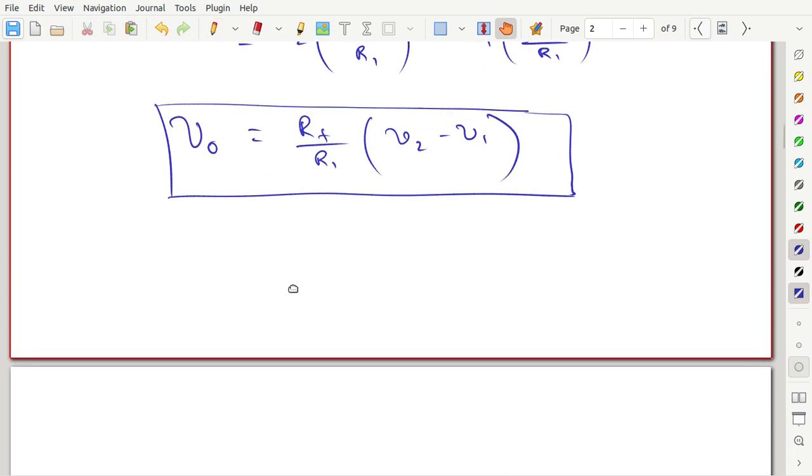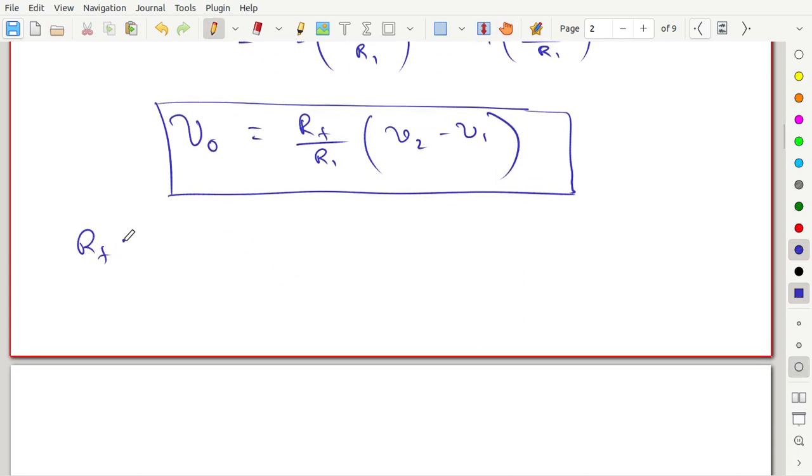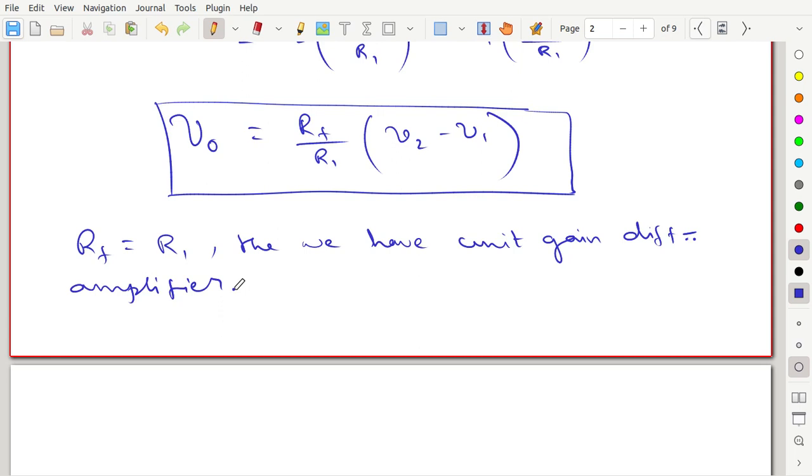Again we can choose RF equal to R1, then we have a unit gain differential amplifier, given by V out equal to V2 minus V1. So this is the formula for the differential amplifier.